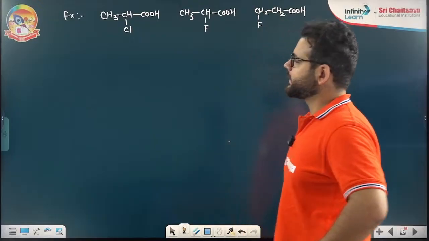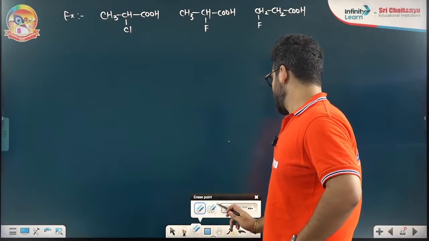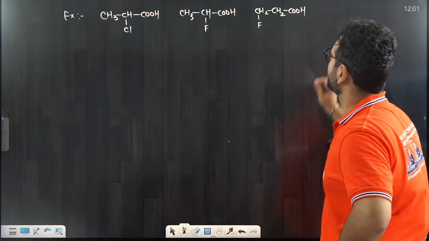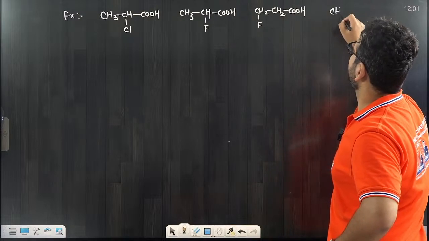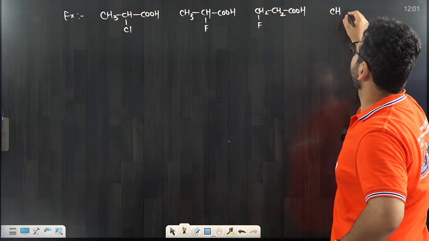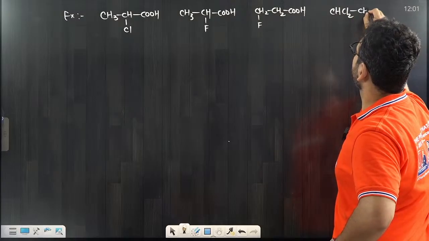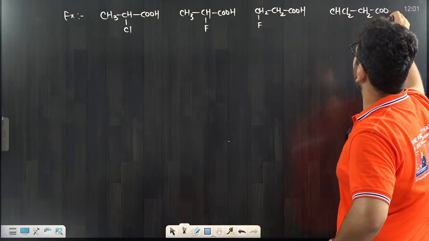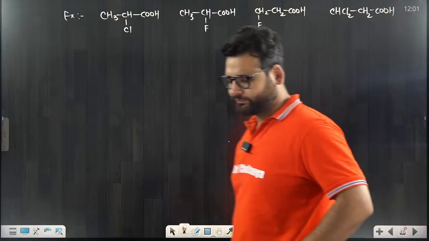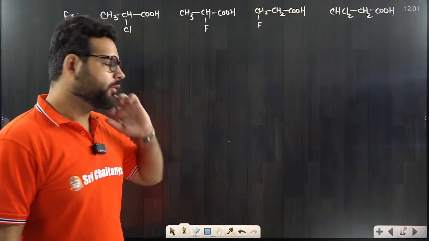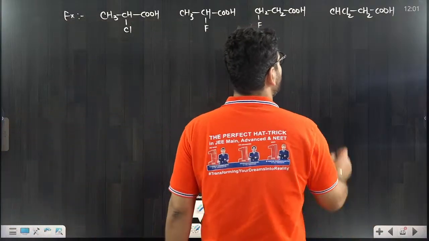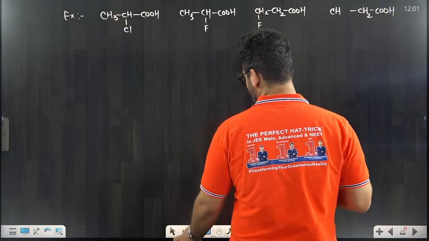Okay, these three I have given, and let's take one more, fourth one. Now if we look at this one, how do we get the answer? There are 2 chlorines here.